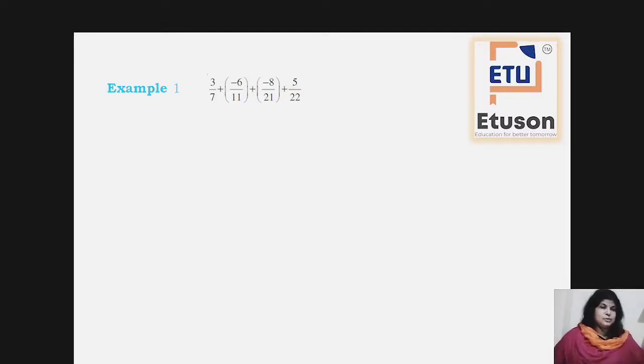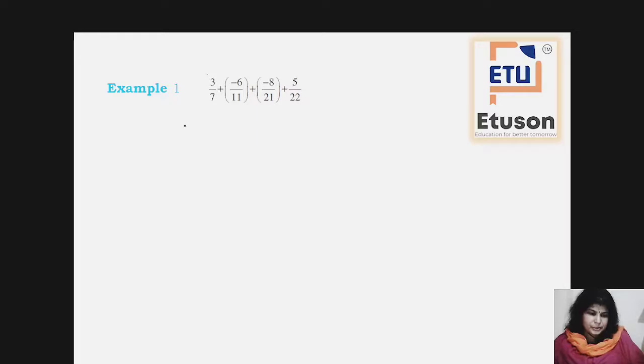Then you have to divide the LCM by each denominator and multiply with the numerator. That becomes a little lengthy, but it's correct. But if you know a certain shortcut method, why not adopt that? So we will use the properties of rational numbers to solve this particular problem.